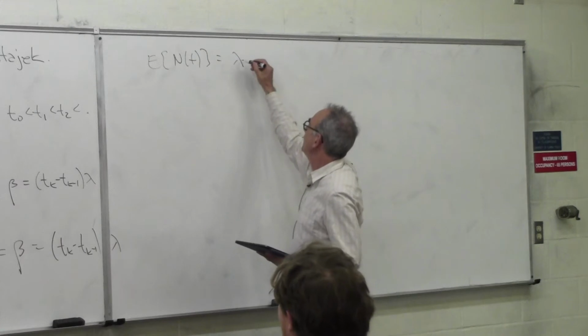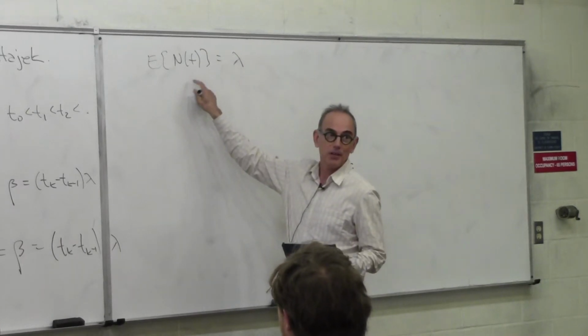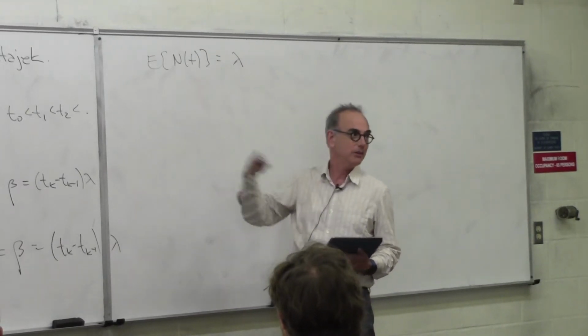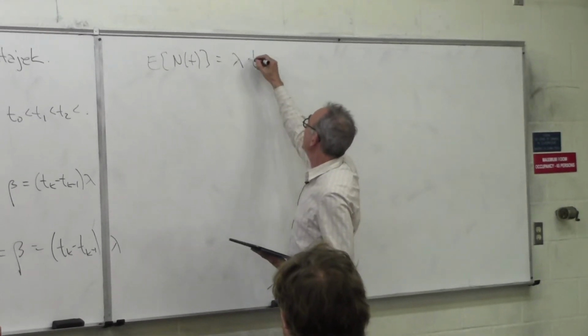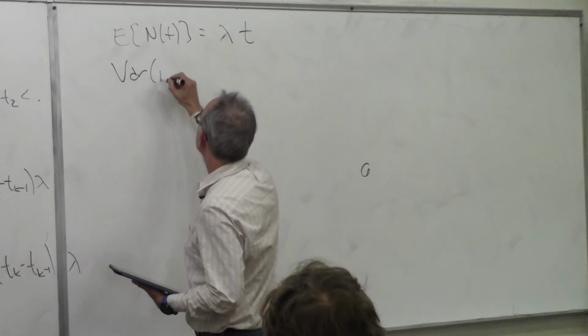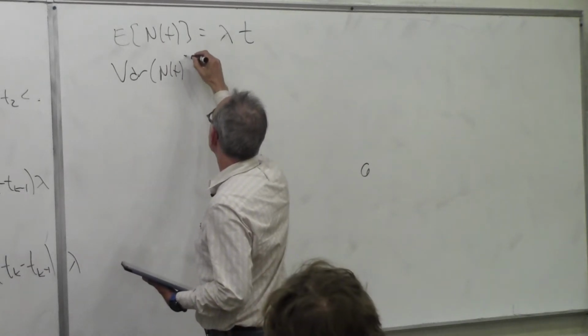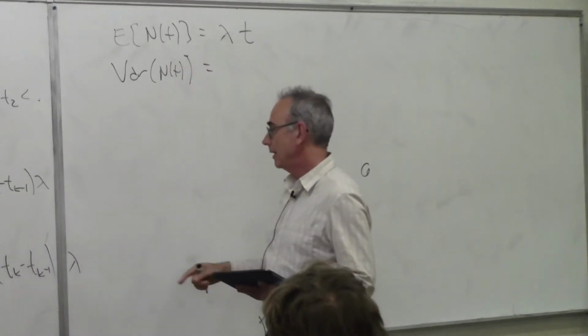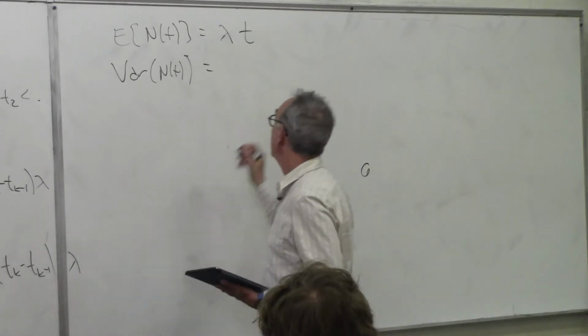There's lambda in there. This is just one giant increment, right? That's just a Z taking t to 0. So that's lambda t. And the variance is the same thing, just going to be the same quantity.